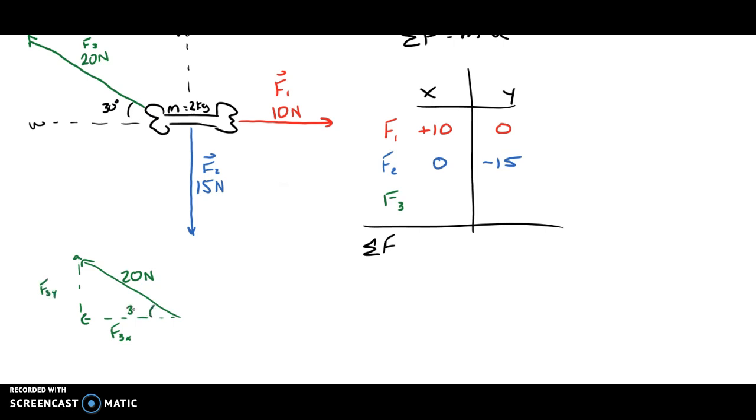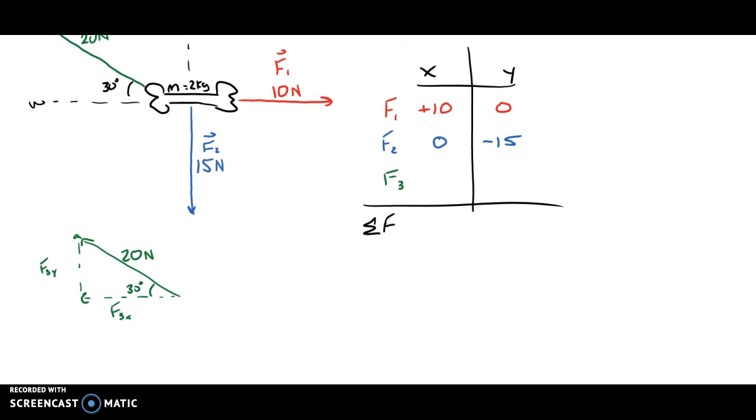And with that angle of 30 degrees, I can do a little bit of trig. F3 in the y is going to be 20 sine of 30 degrees. Sine of 30 is a half, so that equals 10. And that's upward, so that would be positive 10 over here in the y direction.